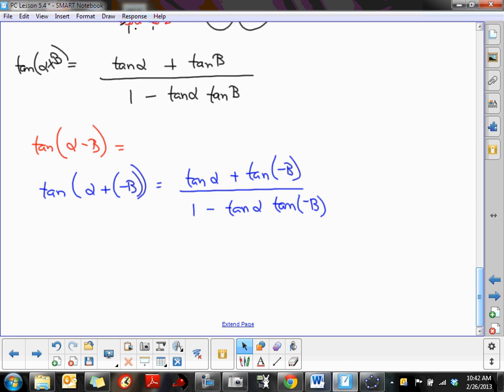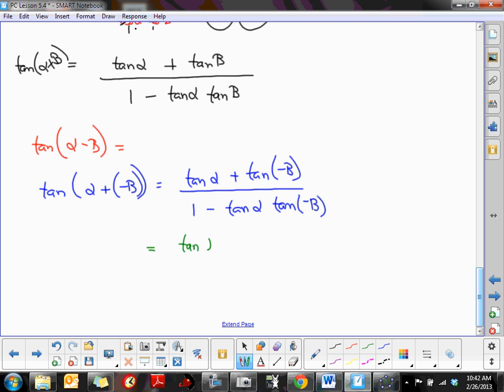And then we'll use our even and odd identities for tangent. Tangent is an odd function, so therefore the tangent of a negative beta is the opposite of the tangent of a positive beta, over, and then 1, and minus the tangent of alpha. But again, tangent of negative beta is an odd function, so it's times the negative tangent of beta.